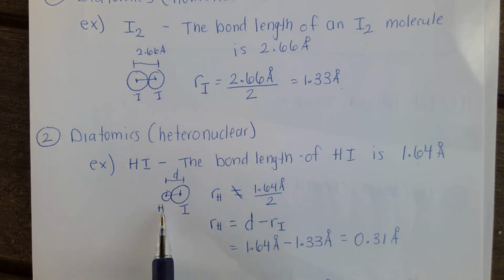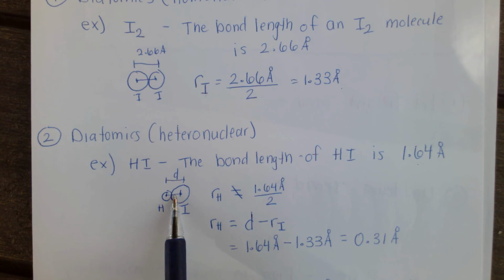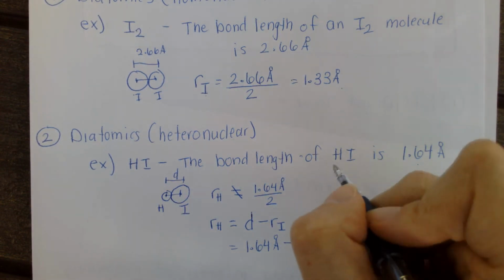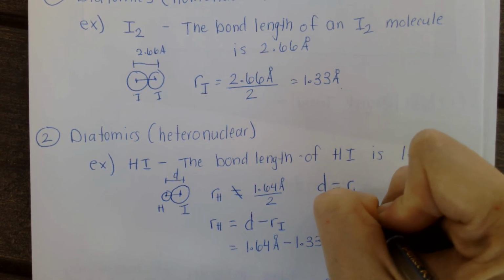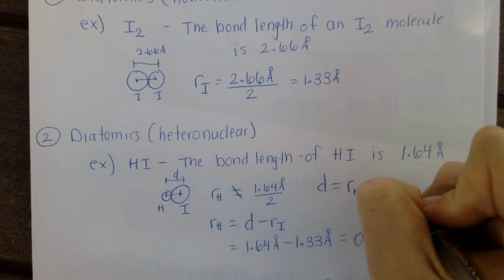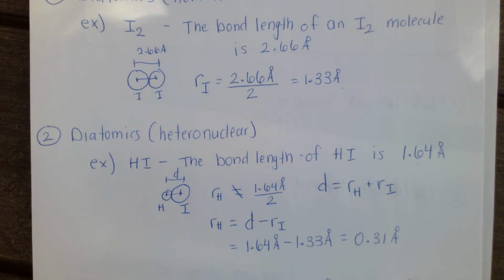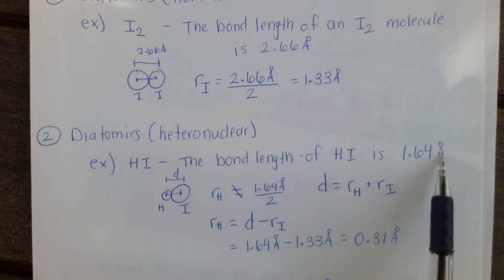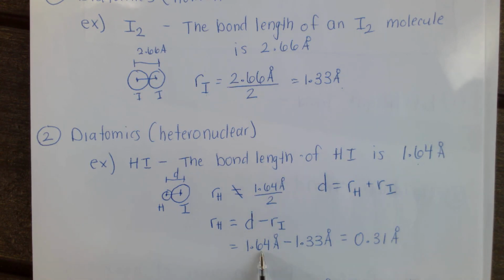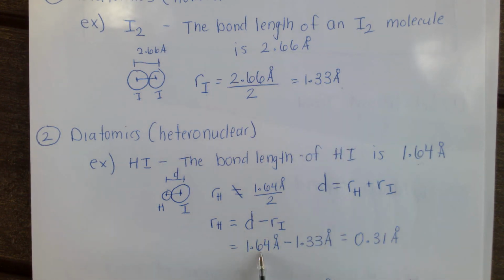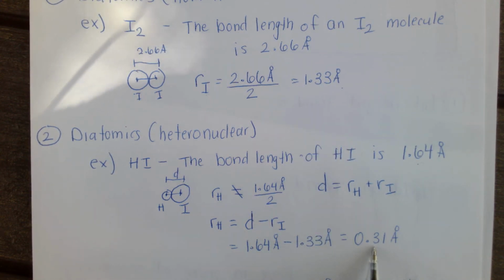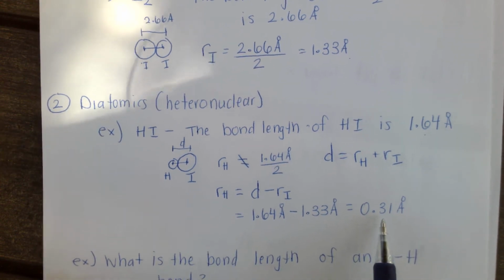So what we're going to do is say, I know this distance is the radius of hydrogen plus the radius of iodine. So if I know that distance, 1.64, and I subtract iodine, which I've already measured as 1.33, I should get the radius of my hydrogen.